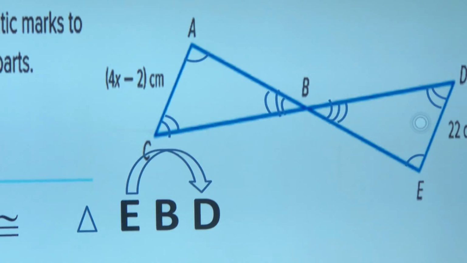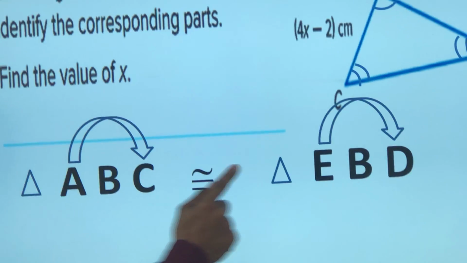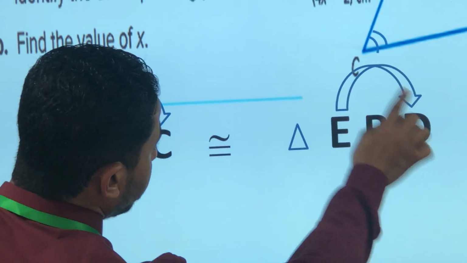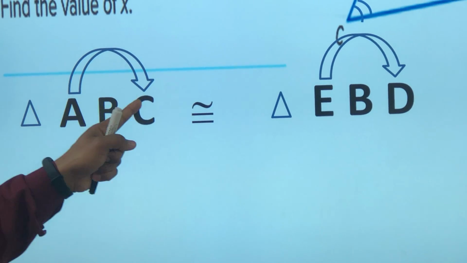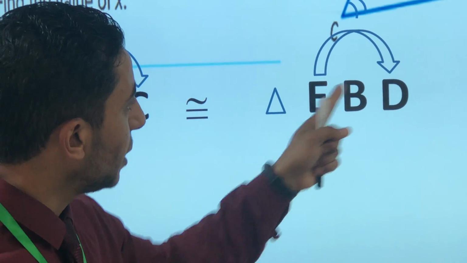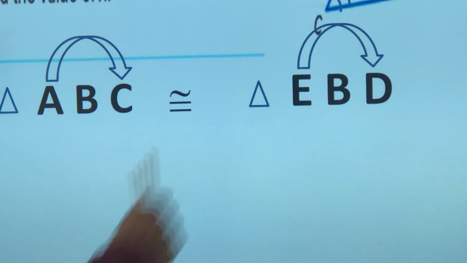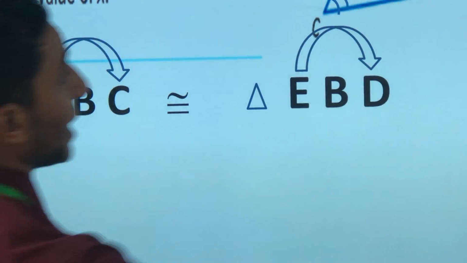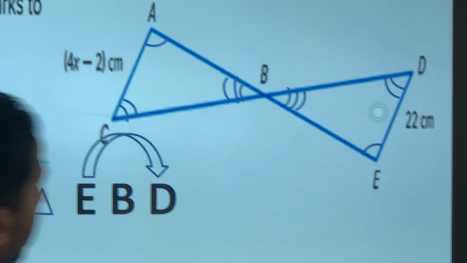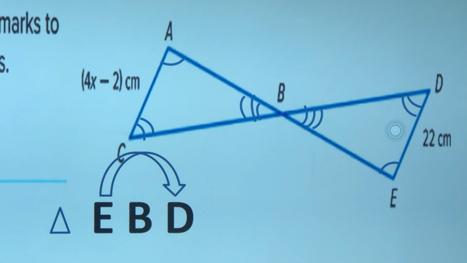If you start with the first letter and the last one, AC, you should take ED. So AC is congruent to ED. Find the value of x. Here this side is equal to 4x minus 2, and this side is equal to 22 centimeters. They are equal because the two triangles are congruent.